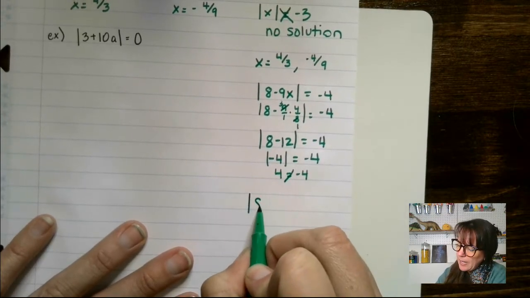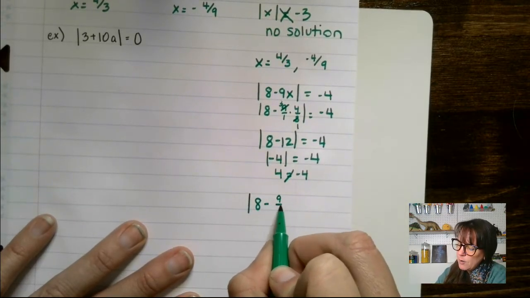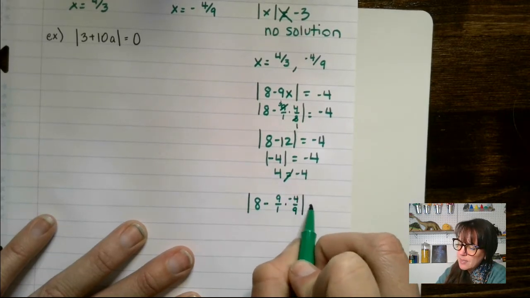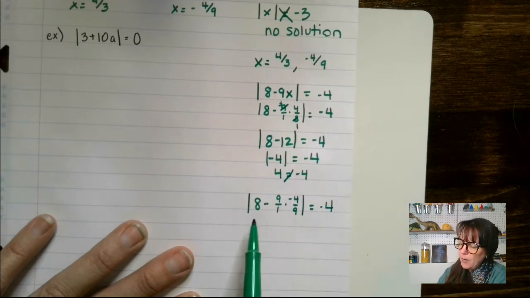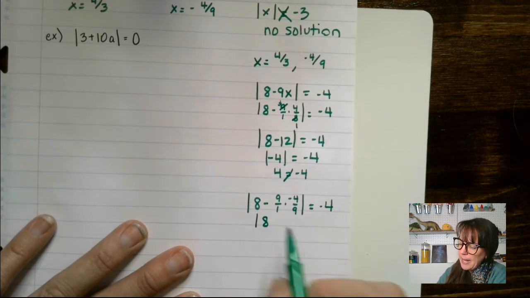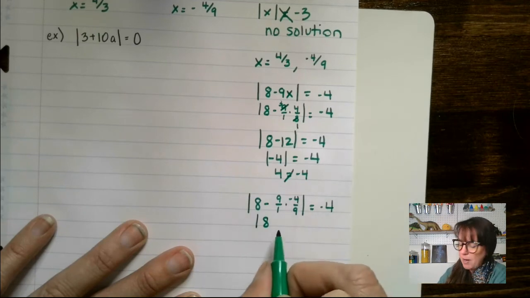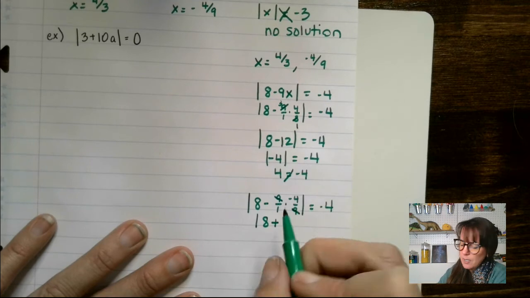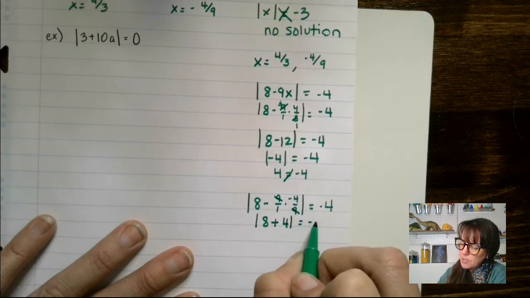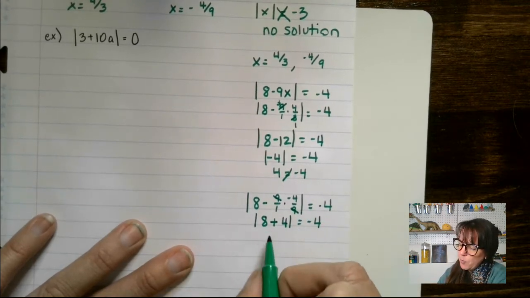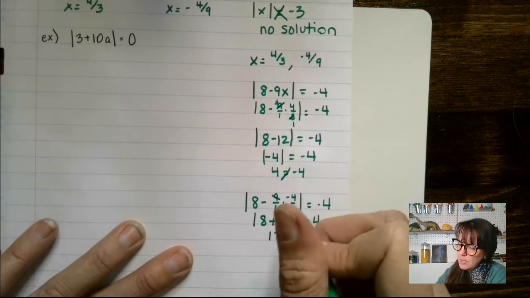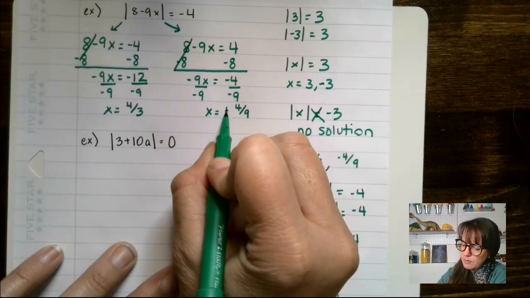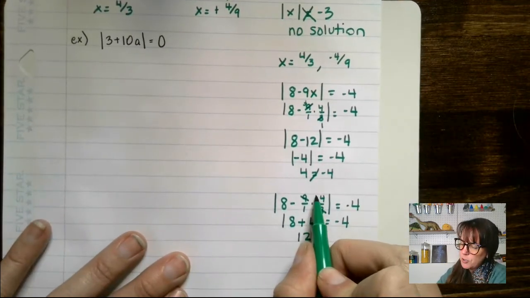The same situation for negative 4 over 9. We would have 8 minus 9 over 1 times negative 4 over 9 equals negative 4. Okay, so then we have the absolute value of 8, and a negative times a negative would be a positive. Sorry about that, negative divided by negative is a positive, so this should be a positive right here.